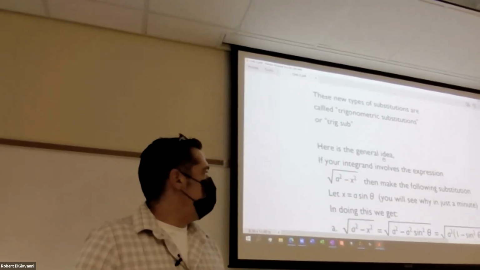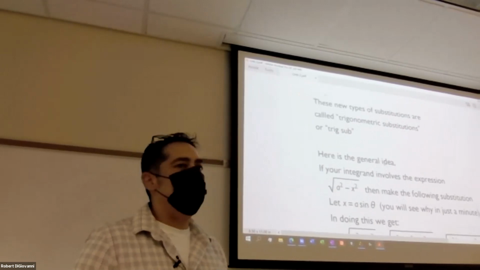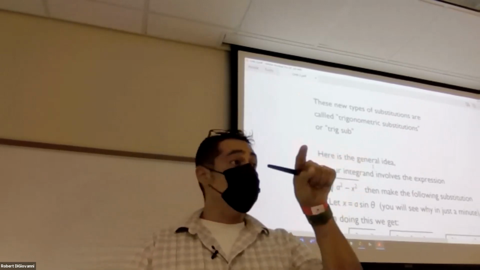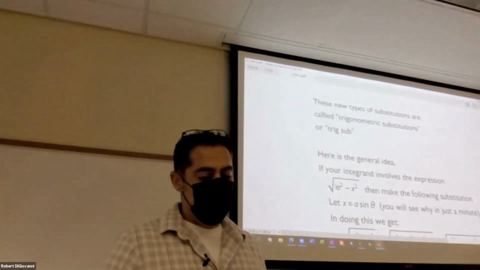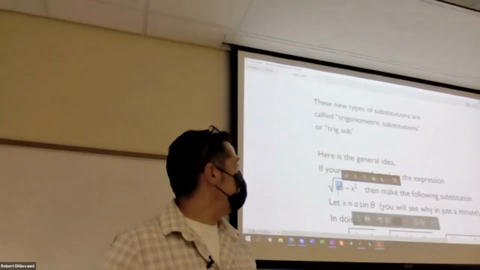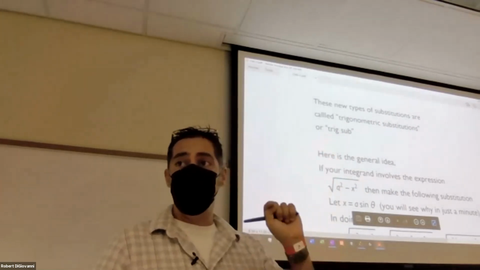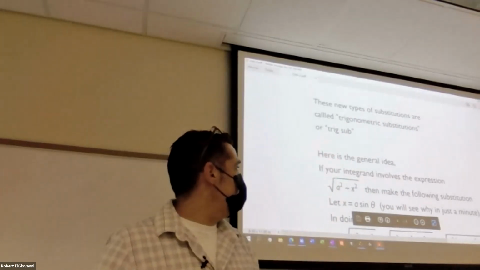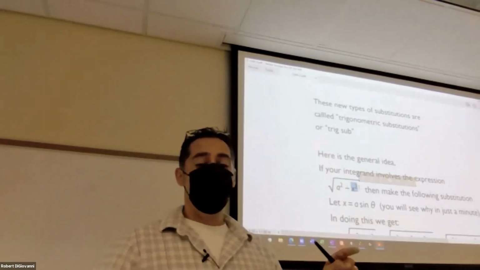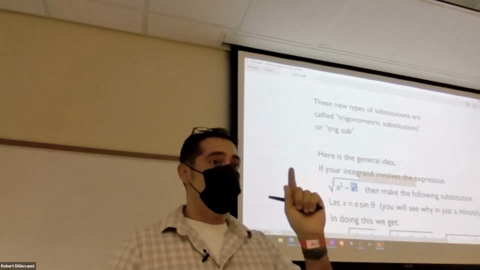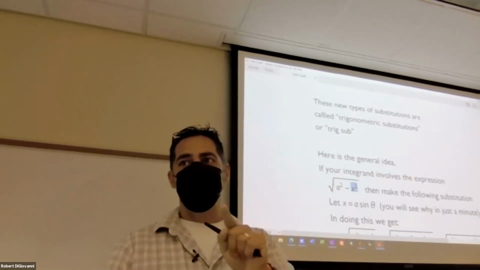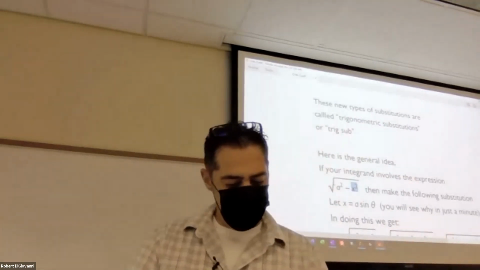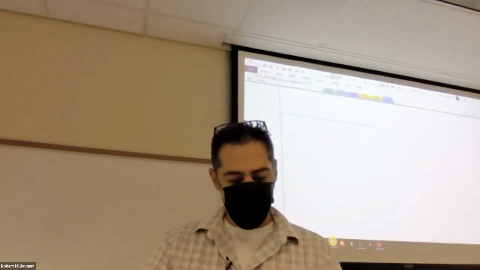What we're looking for in the integrand is a square root, and then we're either going to be looking for a number squared minus a variable squared, or the number squared plus the variable squared, or the variable squared minus a number squared. Let me write all those out, because in my notes I only have one case.